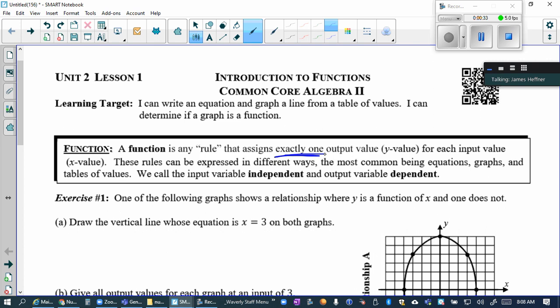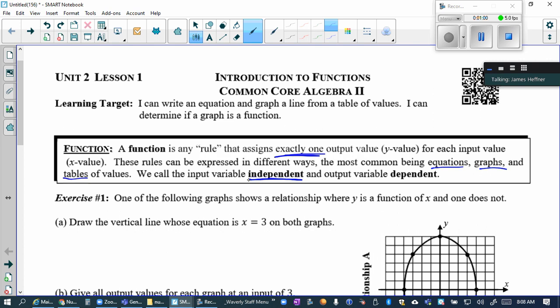That makes sense, right? Because usually when you have an equation, you input some x value, and the output is the y. So you can express these functions in different ways: we can use equations, graphs, tables. Now, another word for the input, the x value, and you need to know these, would be the independent variable, because it can be anything you like.